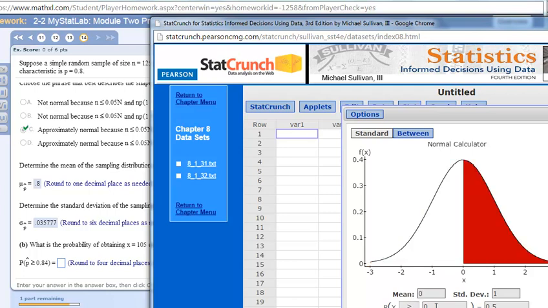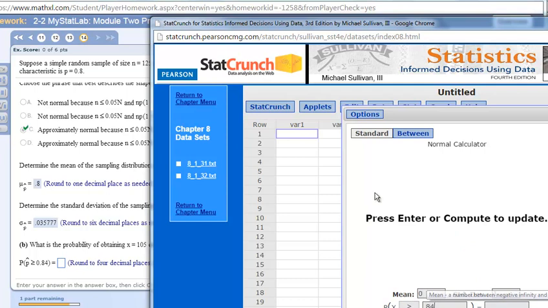So I put 0.84, and then I also have to put in my mean, the mean of p hat, which is 0.8, and then also the standard deviation of p hat, 0.03577.